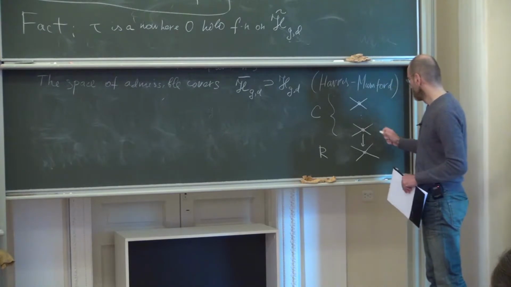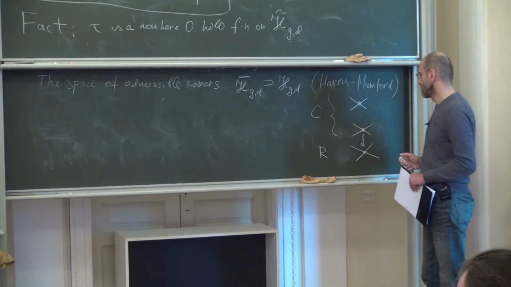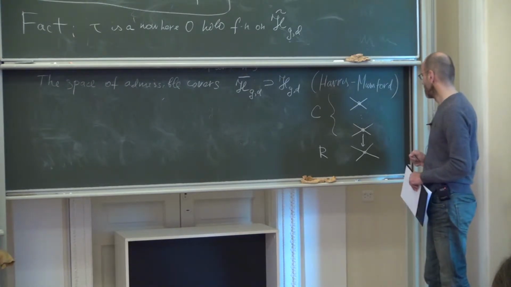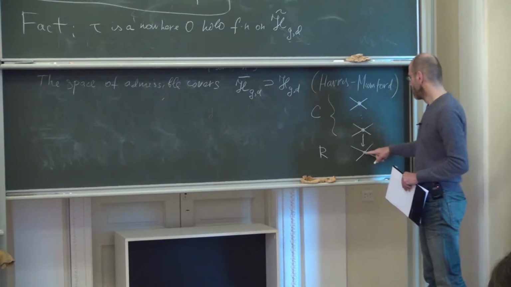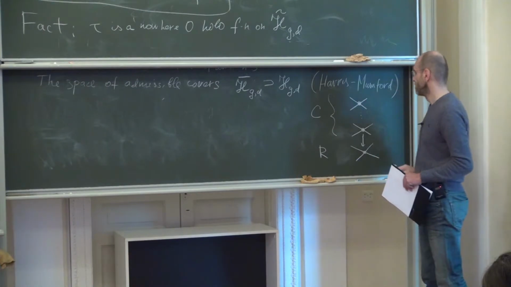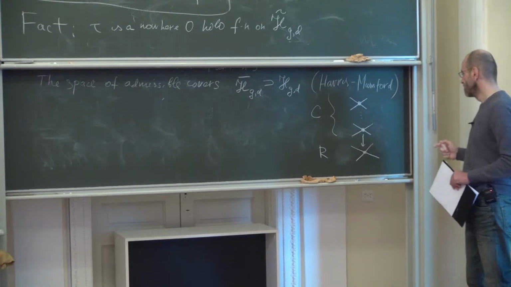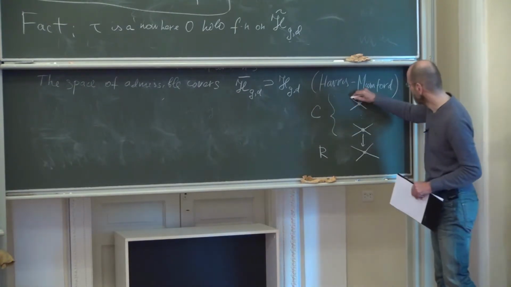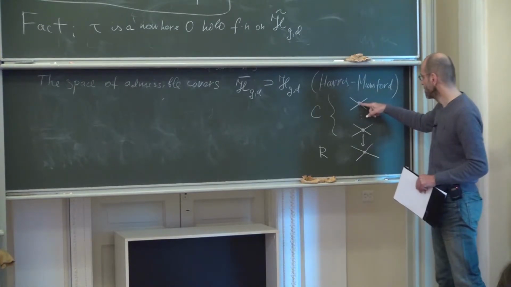And an important property that characterizes admissible covers is that at each pre-image of the node here, the ramification indices for two branches of C that intersect at this point have the same ramification indices. So for both branches, the ramification index at each node is the same.